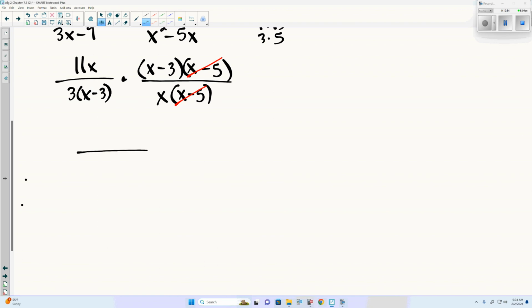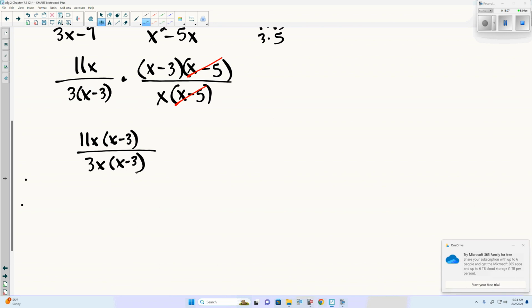So we could simplify that there, leaving 11x times x minus 3 and 3x times x minus 3. Multiply them out. Yeah, and we could. Because when we multiply together, all we're doing is putting the numerators together, denominators together, and then they simplify. X minus 3s are gone. X's are gone.